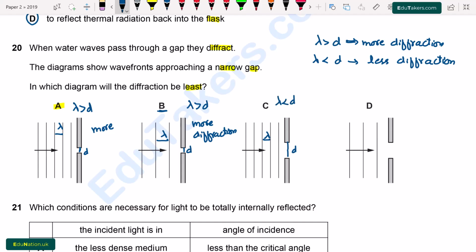So this condition is basically for the least diffraction. Here the diffraction should be less. In D, we see that the wavelength is approximately equal to the distance. So there should be diffraction, but it is less than the largest diffraction. So only option C is correct.